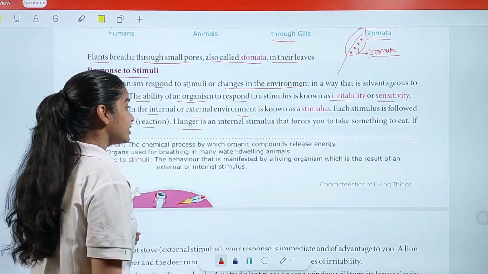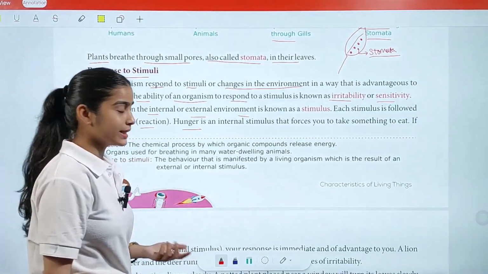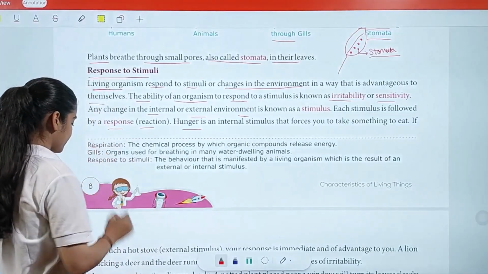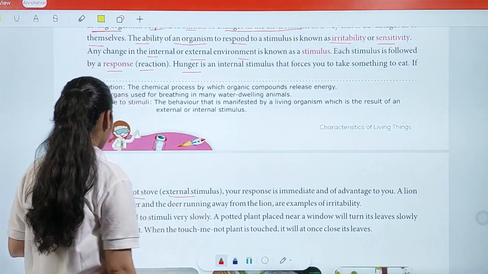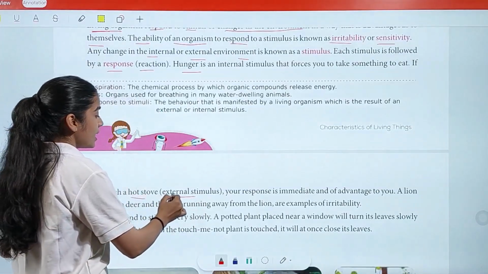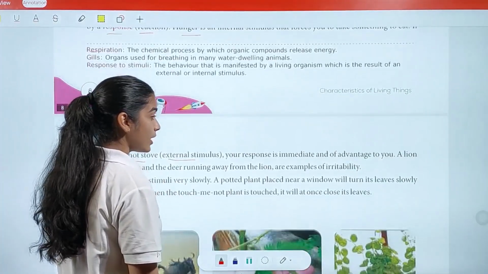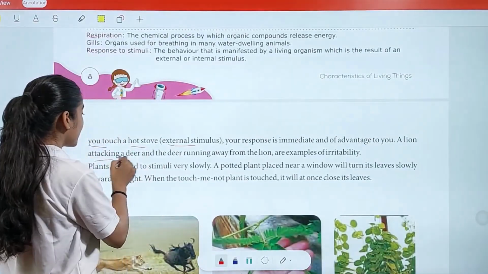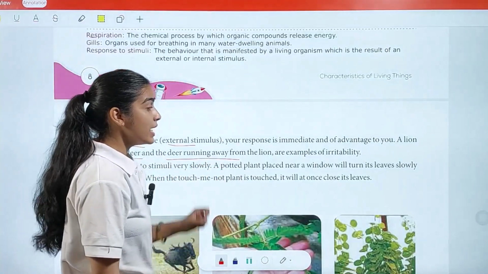Hunger is an internal stimulus that forces you to take something to eat. If you touch a hot stove, an external stimulus, your response is immediate and of advantage to you. A lion attacking a deer and the deer running away from the lion are examples of irritability.